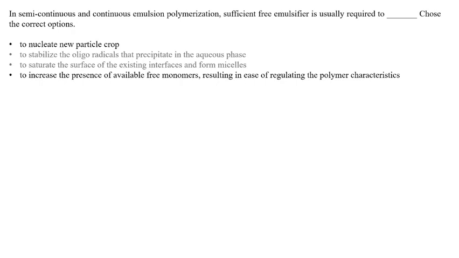In that case also, a sufficient amount of free emulsifier is required for heterogeneous nucleation on the existing interfaces, particles or monomer droplets, which form the micelles. So for the single blank there will be two answers: to stabilize the oligoradicals that precipitate in the aqueous phase, and to saturate the surface of existing interfaces and form micelles. These two are the correct answers for this question.